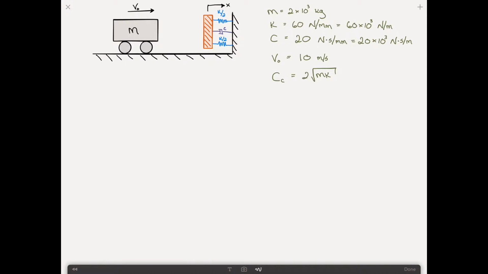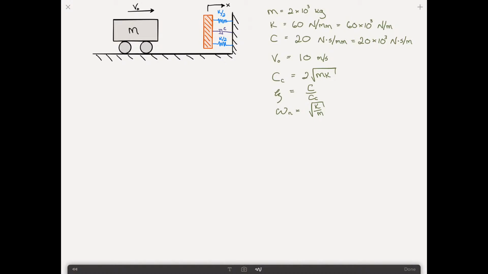The damping ratio, which is zeta, is equal to the damping divided by the critical damping. We also know that omega n, the natural frequency, is equal to root k over m. We've shown this previously.